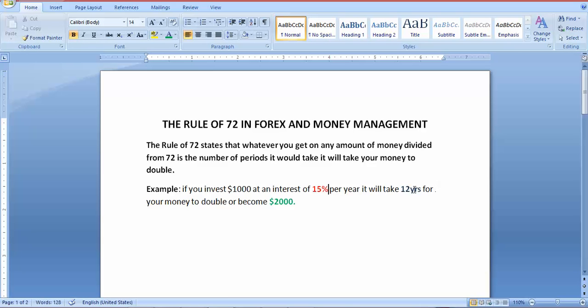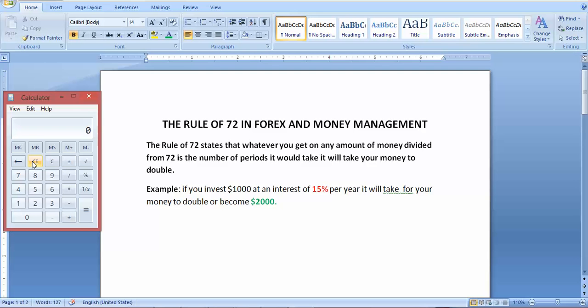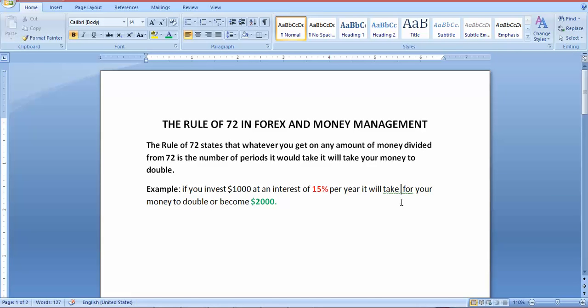So how long would it take? Let's get our calculator again. So we have 72 divided by 15. It will take almost 5 years for the money to double, or become $2,000.